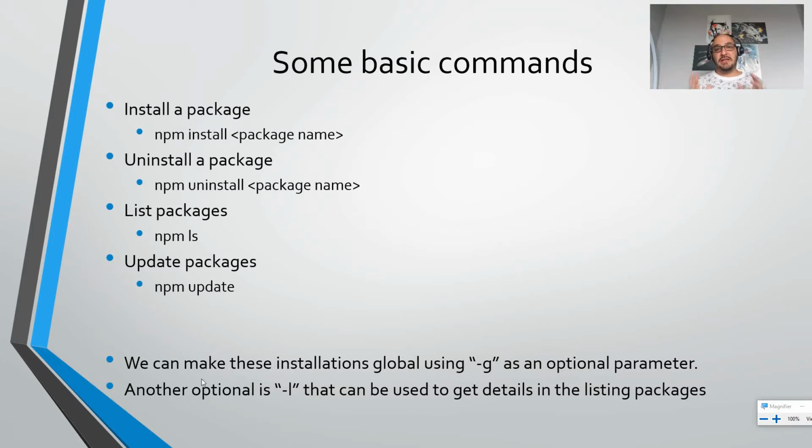But if it's local, it's only going to be available inside the folder in which that particular library has been installed. That is particularly useful when you're using a library that is only relevant to a particular application. So you really don't need to install a dependency, for example, for the camera module of your phone on your whole computer, because it's only your application that is actually going to need it.